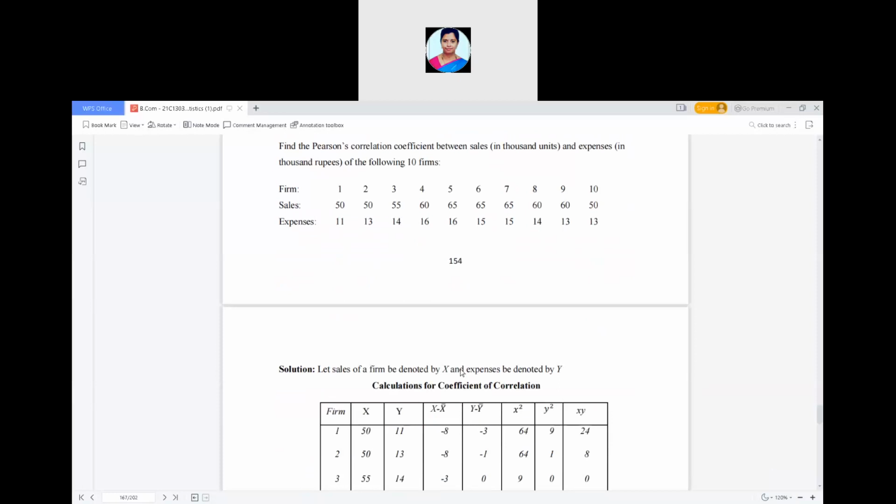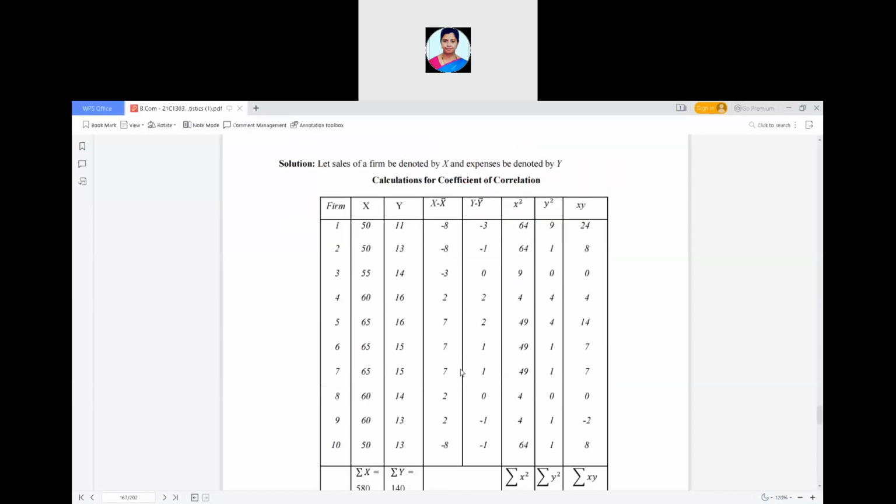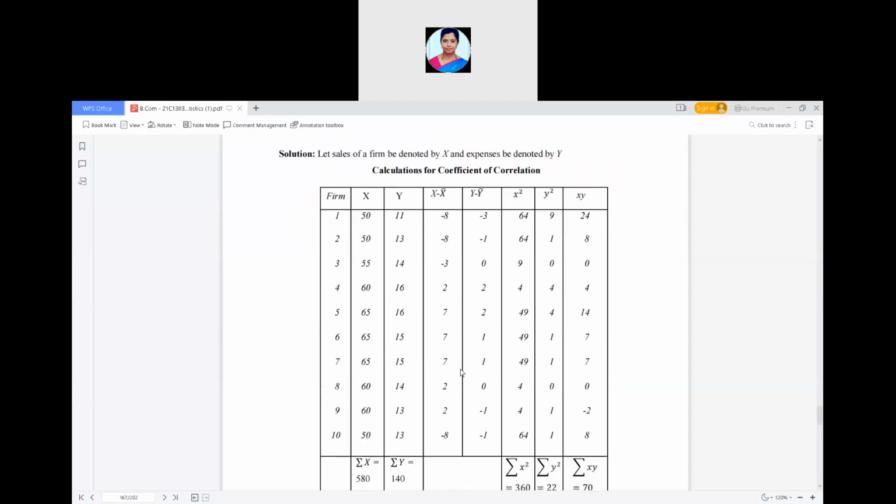So the firms we have are 10, with sales and expenses. Here we are calculating as you see. We have considered sales as x and expenses as y. In the next columns we have calculated x minus x bar and y minus y bar, and we have calculated x square, y square, and xy.